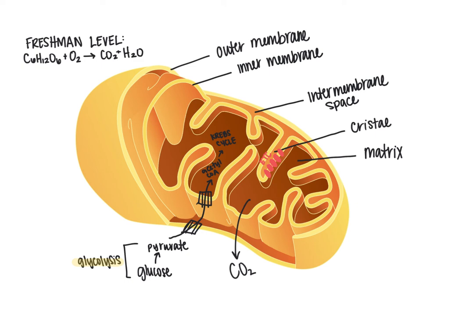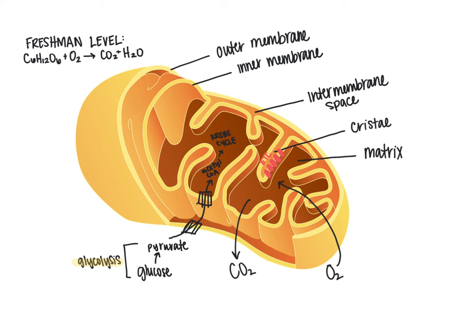So, as oxygen is being used up in that inner membrane and in that matrix, then it's going to want to diffuse in where it's getting used up. Remember, if it's getting used up, that means it has a lower concentration. So oxygen is going to be diffusing into the mitochondria from where there's a higher concentration to where there's a lower concentration, which is in the matrix.